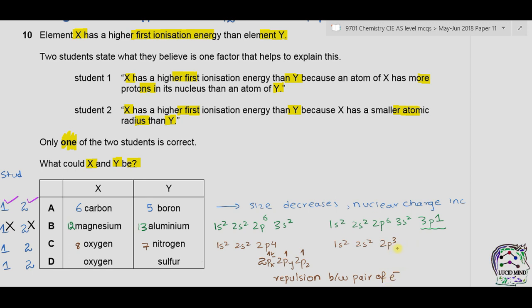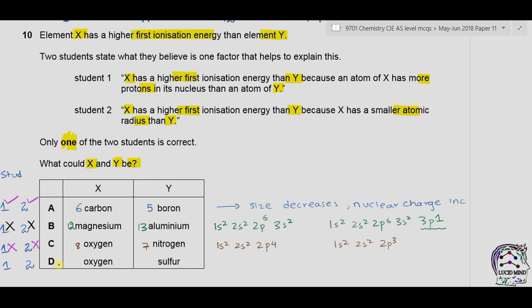While in nitrogen we have 2p3, so each electron is present separately. So no electron pair repulsion is present, therefore nitrogen's ionization energy will be higher. As both students said that X has higher first ionization energy, which in this case is wrong.